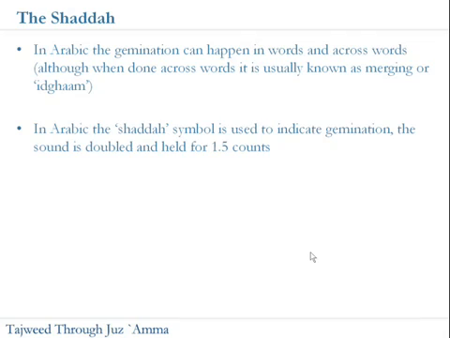So now we know it's called the shadda in Arabic because there's a certain symbol that's known as the shadda, and we hold the length of the doubled up letter for a count of 1.5 relative to the single vowels. Okay, and here we have the noon and the meem with the shadda sign on it, and this will be known as the noon mushaddad and the meem mushaddad.